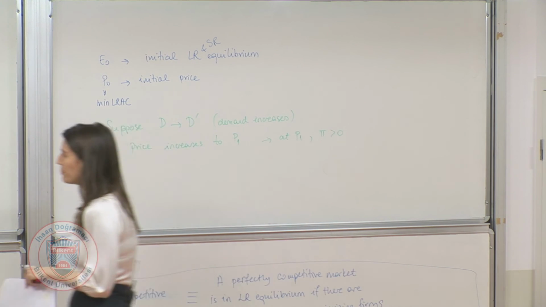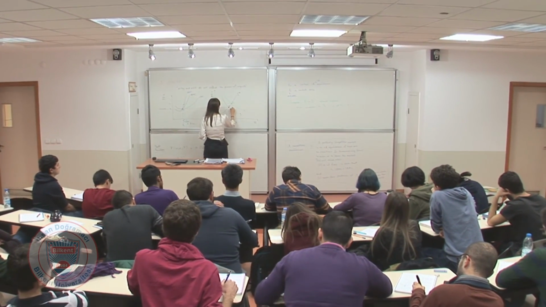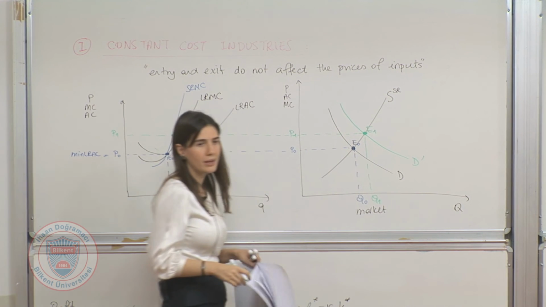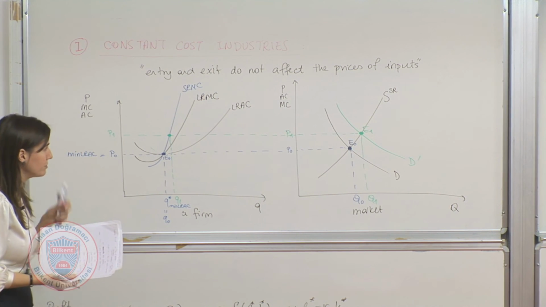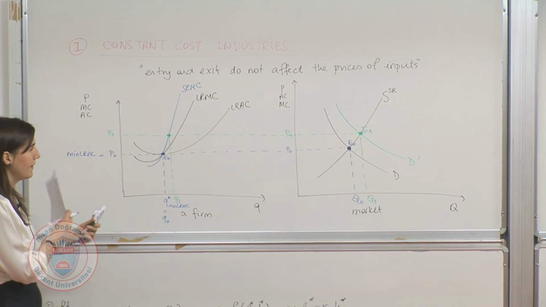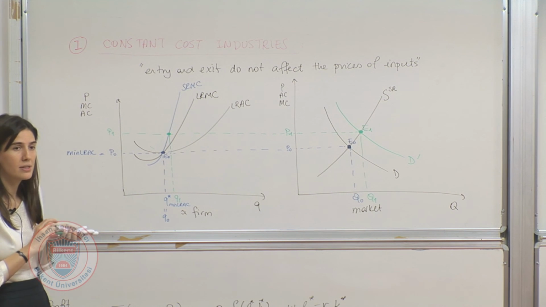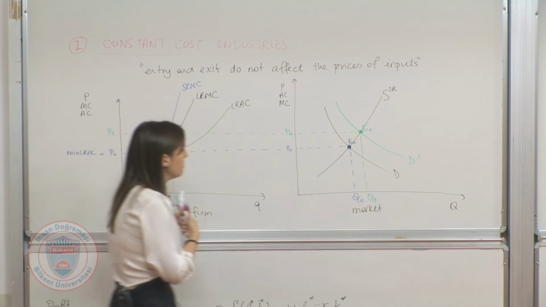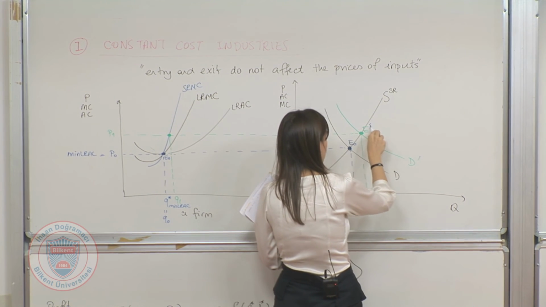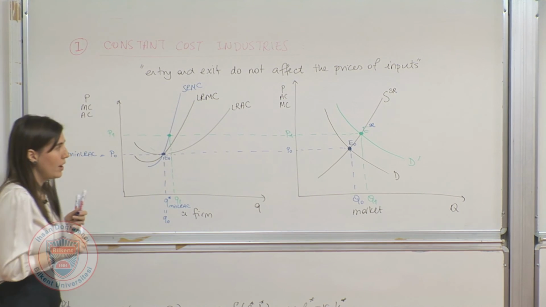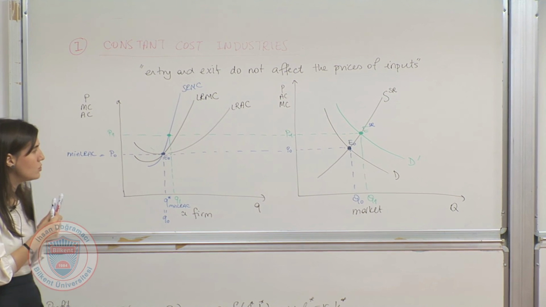So now profits started to be positive, and let's call this Q1, right? And this is what they are going to supply. Then what's going to happen? Do you think this is going to stay like this? If you want, let me call this E short run. So that would be better, okay? Okay, so let's call this E short run, okay?